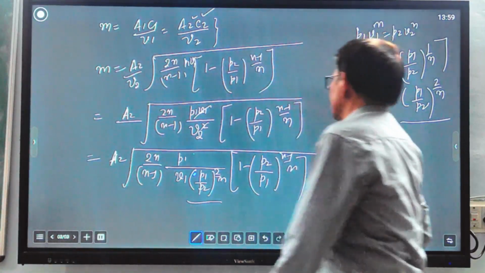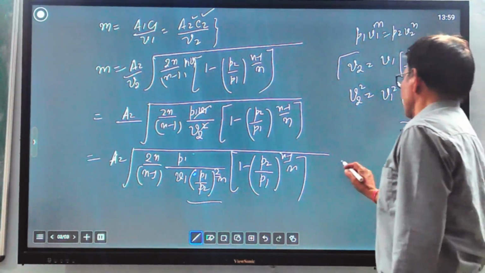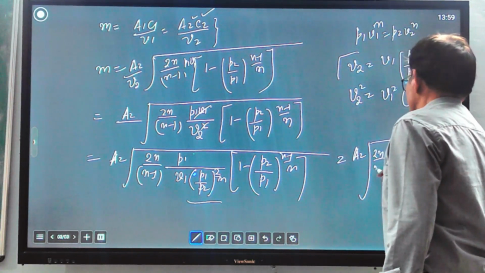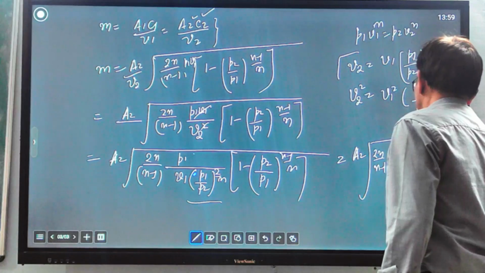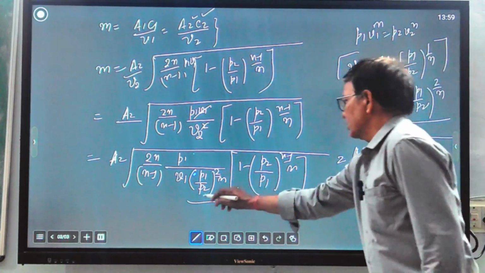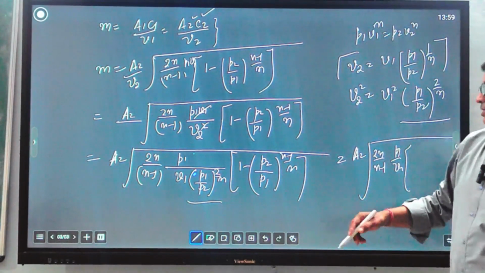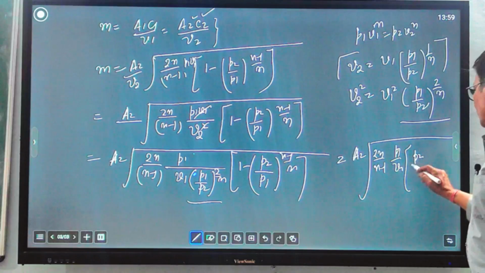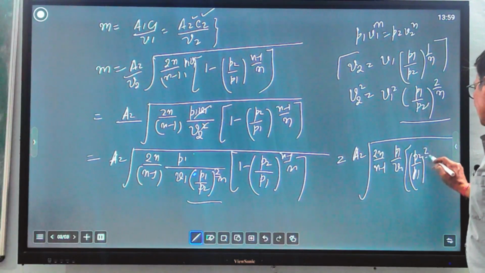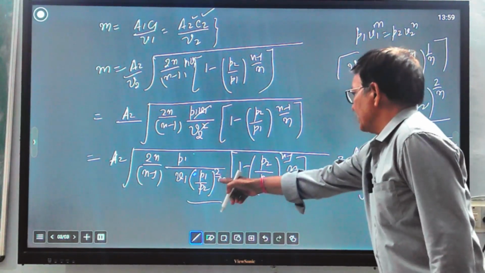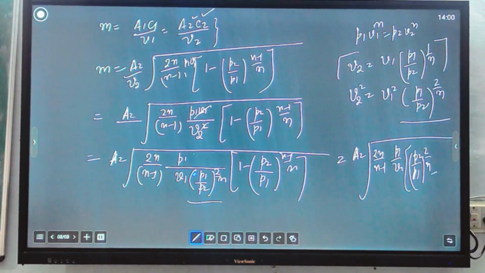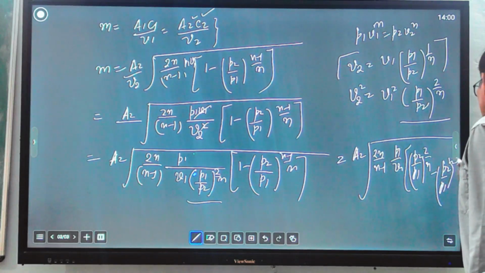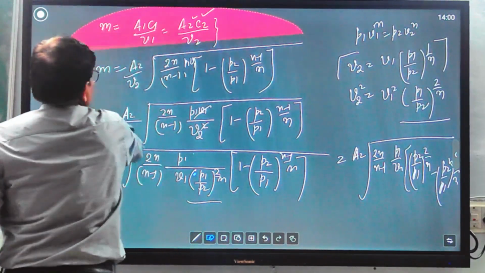Taking this value inside the bracket and simplifying, when it goes inside, this will reverse, numerator will become denominator. So it will be equal to (P2 upon P1) to the power 2 by n minus, here 2 by n will add here, so n plus 1 upon n, (P2 upon P1) to the power n plus 1 upon n, writing here this equation.